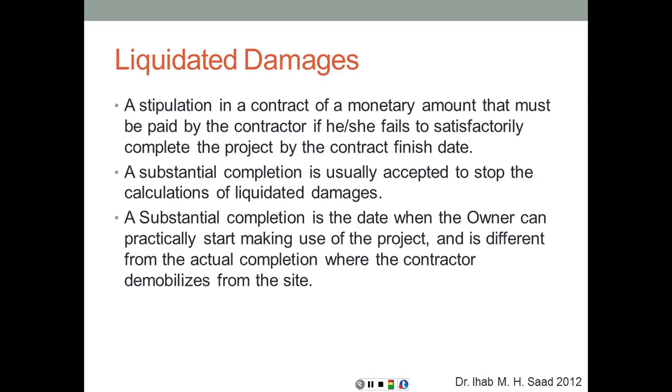There are some still fine touches to be completed, maybe for landscaping or cleaning or something else, but the owner can have occupancy of the project and can start practically utilizing that project for financial benefit. A substantial completion is the date when the owner can practically start making use of the project, and is different from the actual completion where the contractor demobilizes from the site.